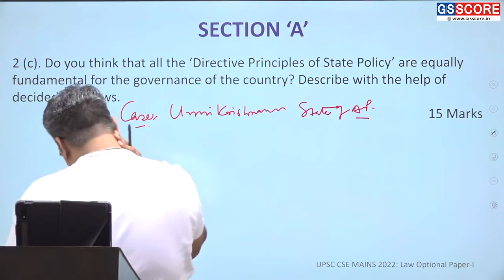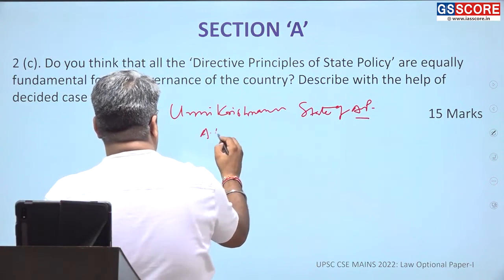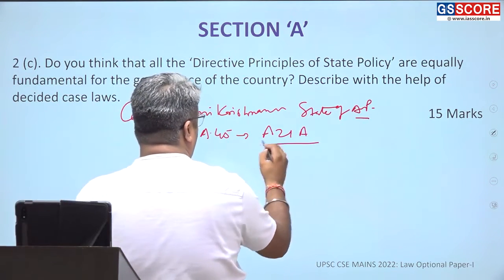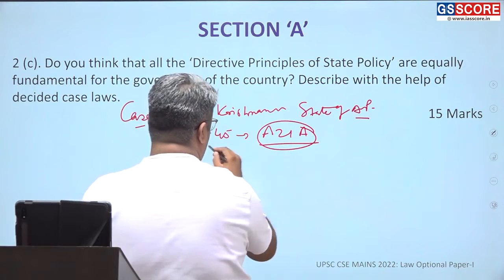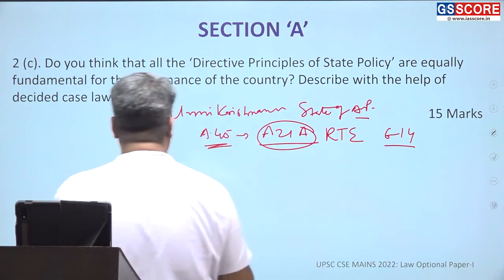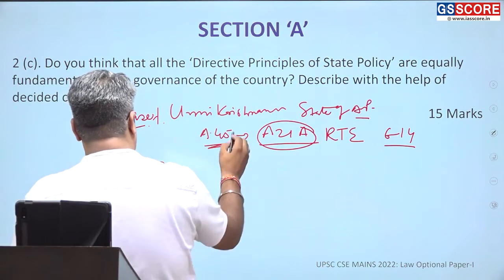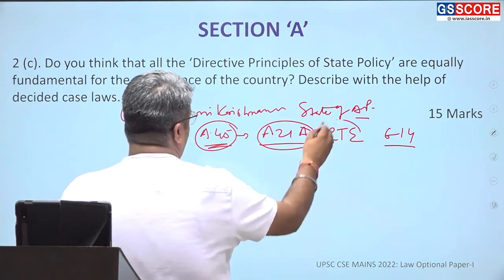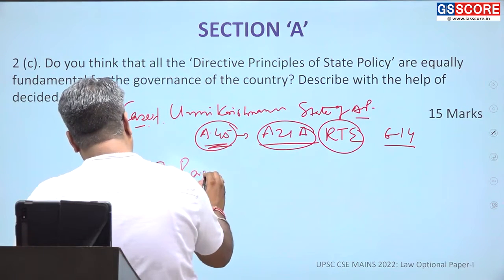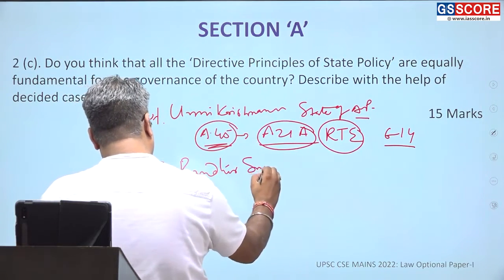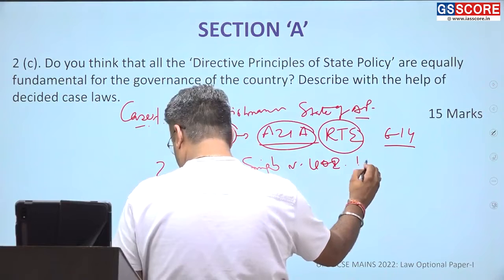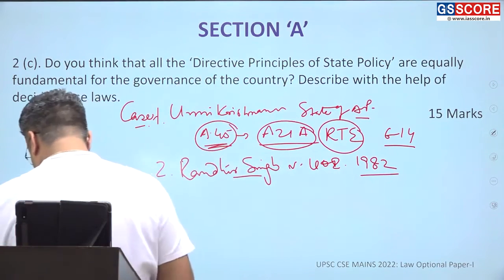This is one of the cases whereby Article 45 and, later on, Article 21A came about, the right to education for children of 6 to 14 years of age, because it was recognized in this case that the right to education should be given to children. Then the Randhir Singh case. Randhir Singh versus Union of India, 1982. Equal pay for equal work.